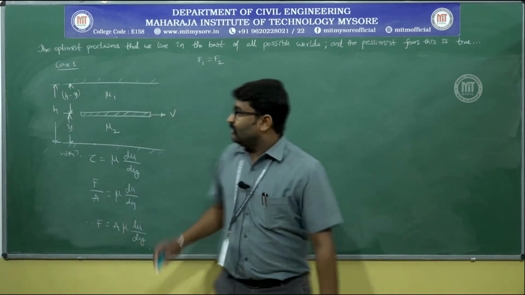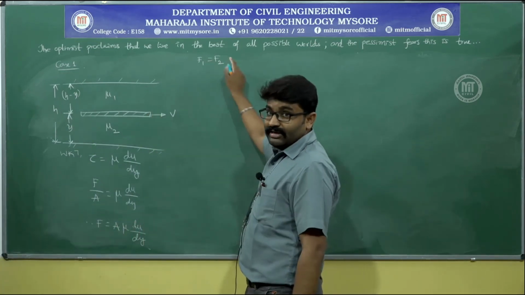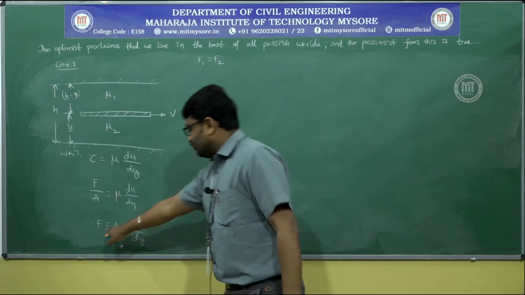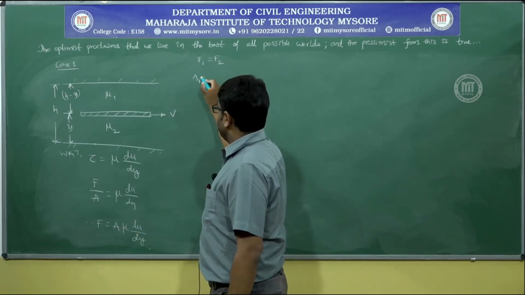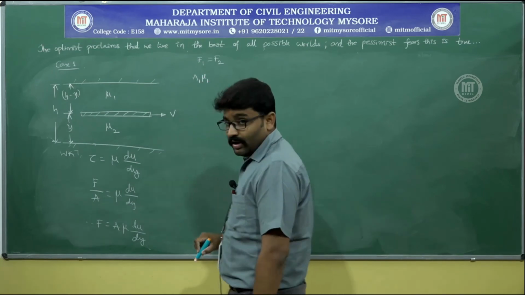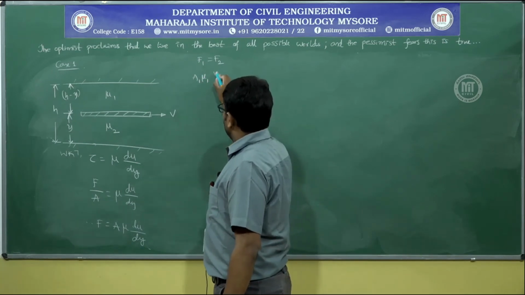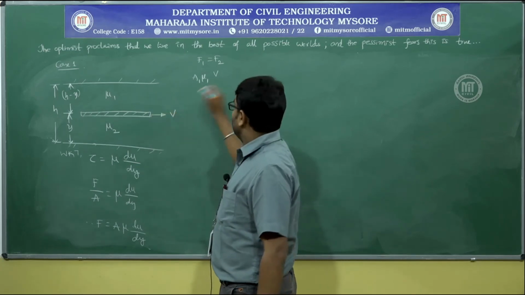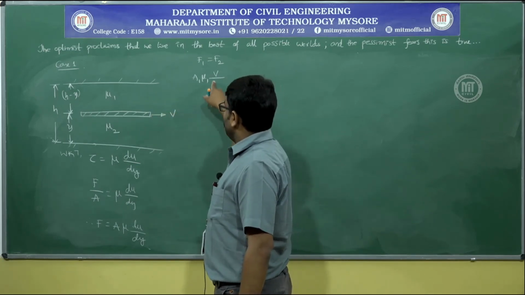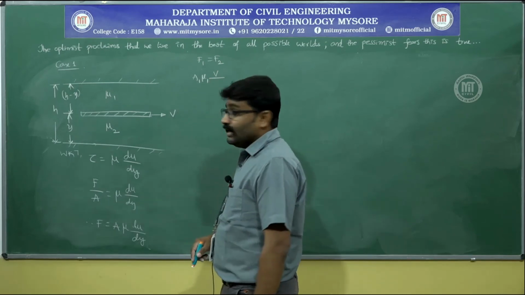Write the same expression for F1 now, given that F1 is equal to F2. So if you write this as F1, A becomes A1, mu becomes mu1 into du, that is velocity in this problem is given as v, it is not going to change on either side, A1 mu1 into v divided by dy.